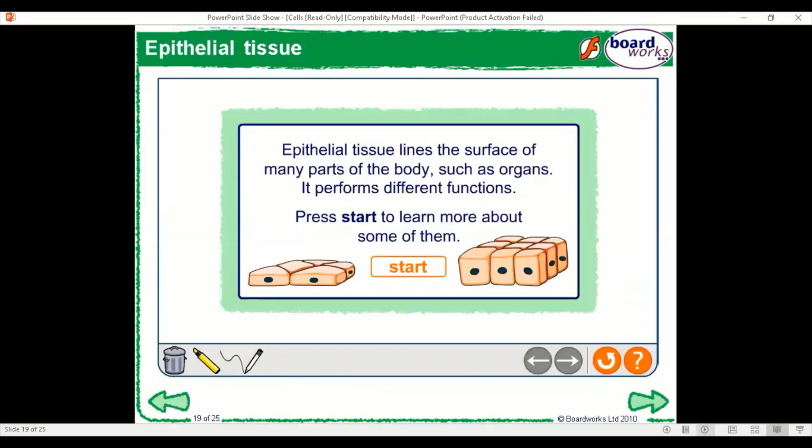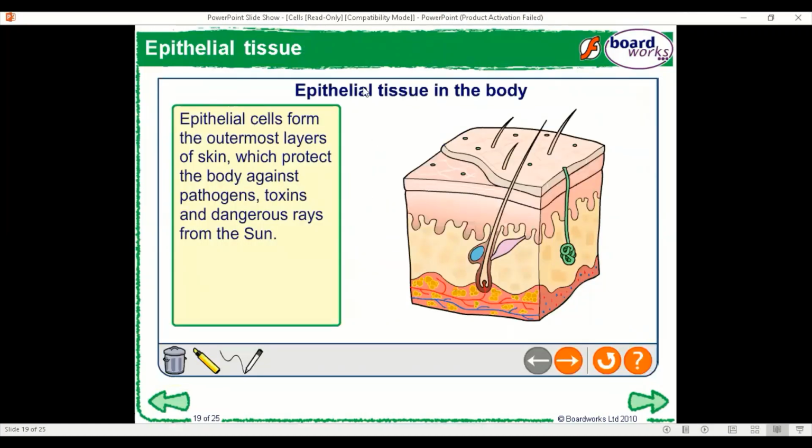Okay. Now I'll show you what the epithelial tissue does. There you are. And all of the linings in the body are called epithelial layers. Inside your cheek, your nose and your ears, anywhere that there's linings, you've got epithelial tissue. And that's what that is referring to.